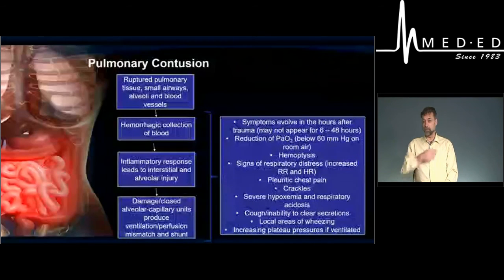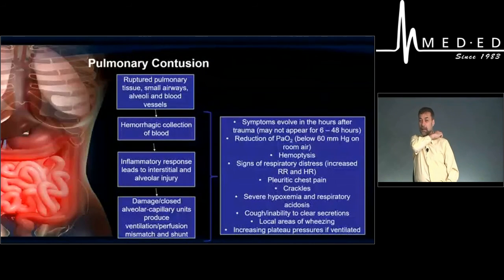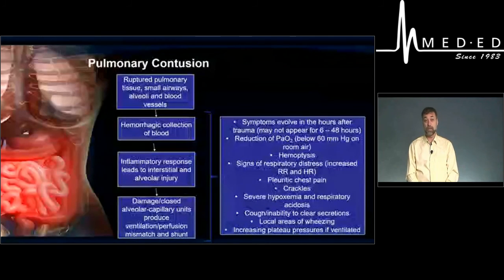And pretty soon the alveoli are filled with congealed blood and plasma, and there's a reduction in gas exchange. And people with pulmonary contusions can have pretty significant decreases in their oxygenation, their PaO2.